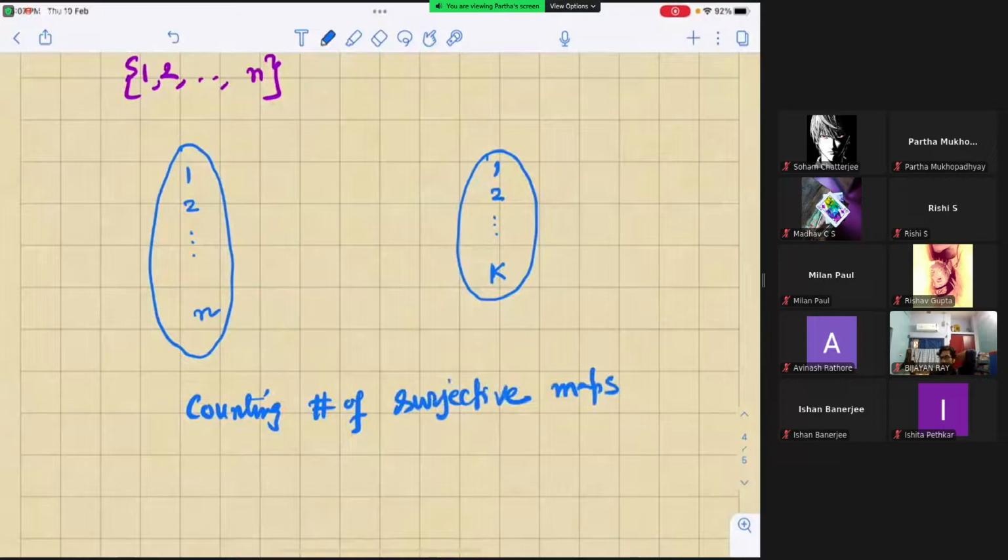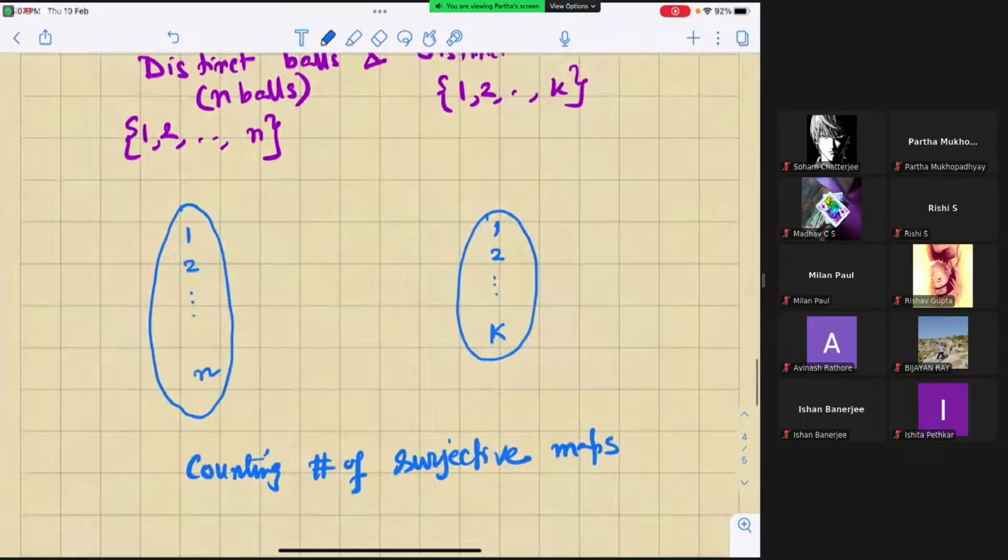A small doubt. Yes. The Stirling number which we were talking about at the end of the last class, that is not for this counting, right? No, that is, boxes are indistinguishable there. Okay. Now I just tweaked the problem, but you can immediately probably see a relation between that number and the number that you are going to count now, right?